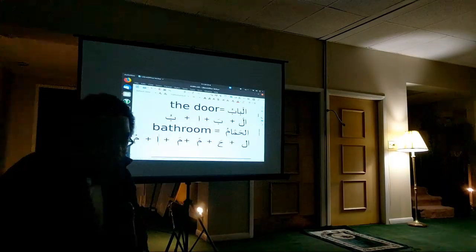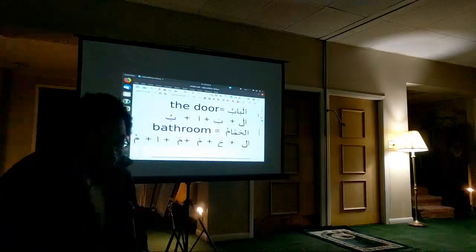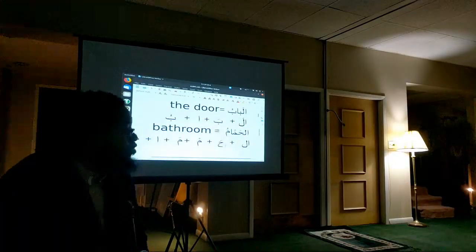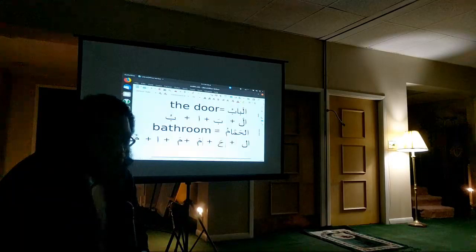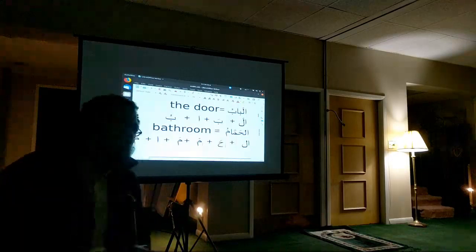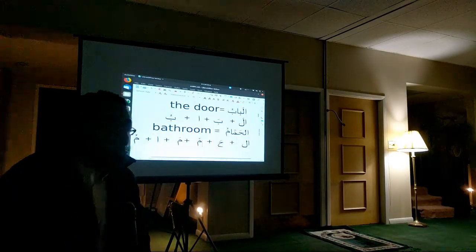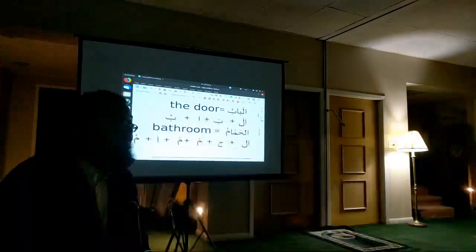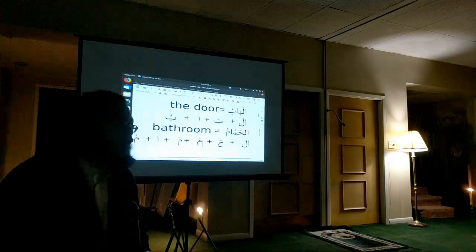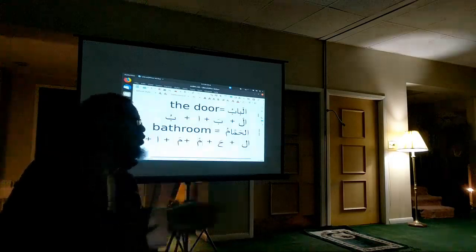How do we spell that? Al, the alif and lam. Then we have the ha with a fatha over it, ha, so al-ha. Then right here we have a meem with a circle over it. That circle is called a sukoon, which means the absence of a vowel.